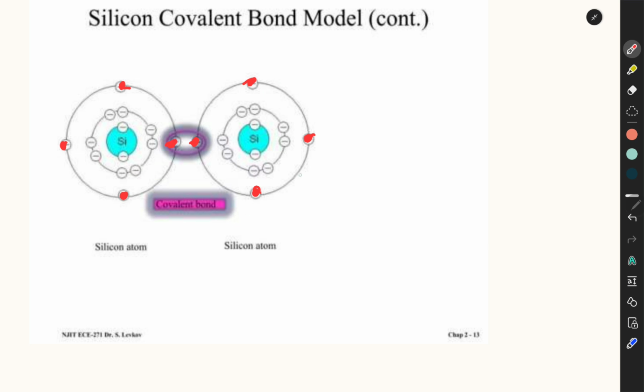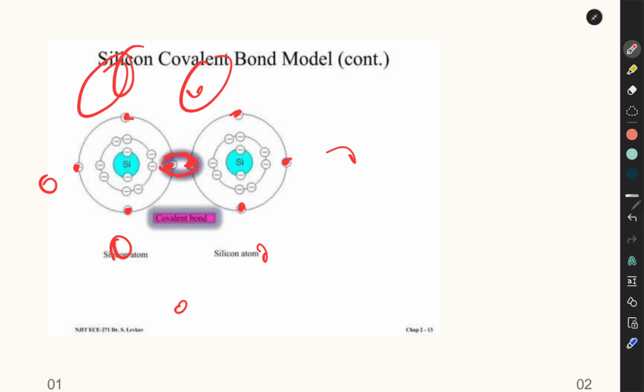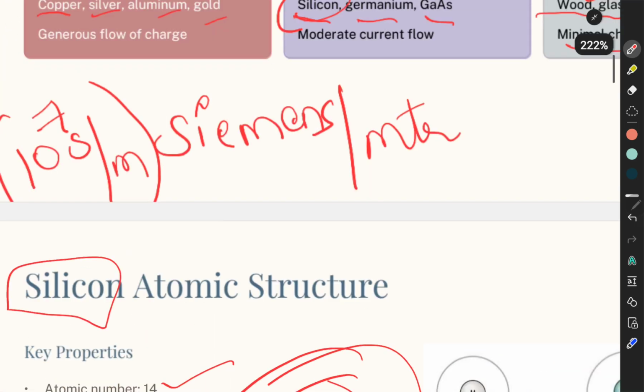Each atom will have 4 valence electrons, and they are shared like this, which is called a covalent bond. Here covalent bond formation is happening. In such a way you will have many like this, forming the covalent bond.